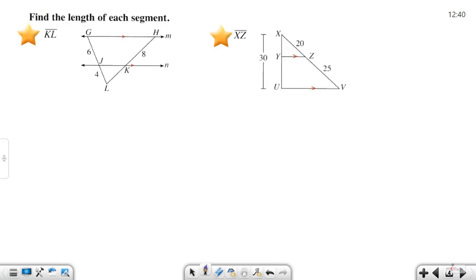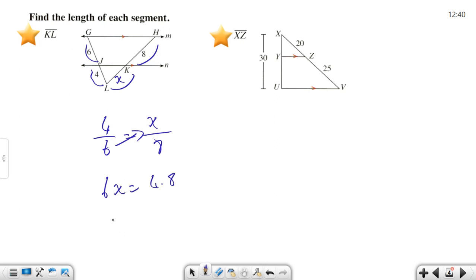Let's use these rules. Find the length of each line segment KL. So let's say this is X. They are asking about X. What we learned? 4 over 6 is equal to X over 8. Let's make cross multiplication. 6 times X is equal to 4 times 8. 6X equal 32.